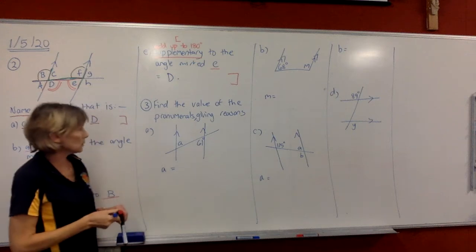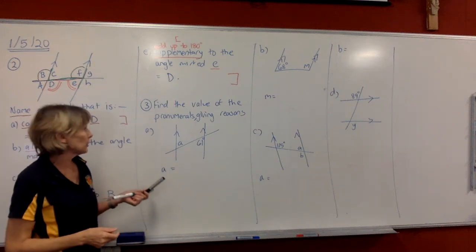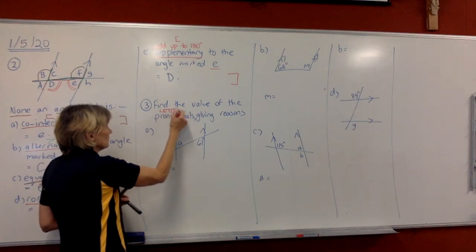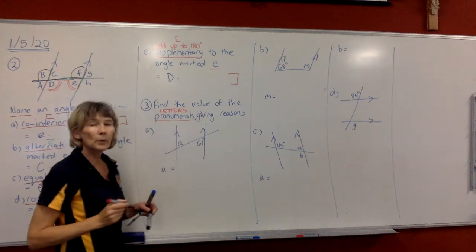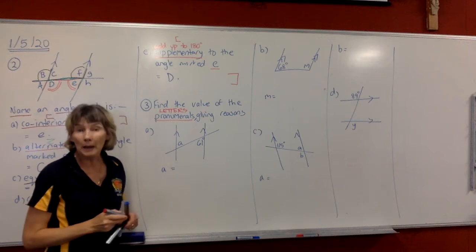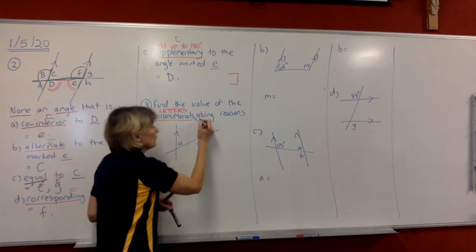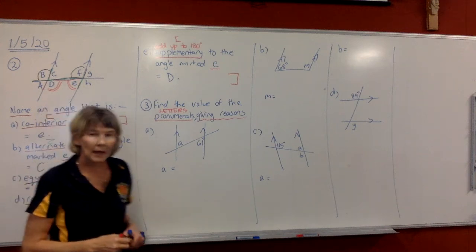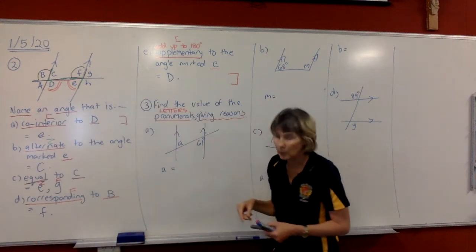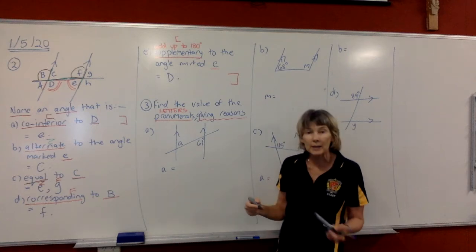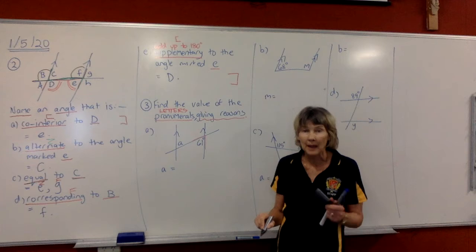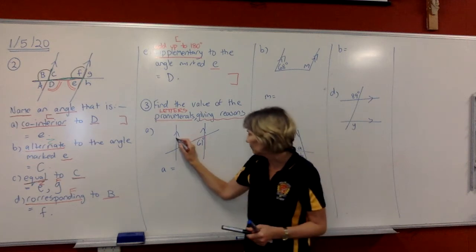All right, in this next one, we're finding the value of the pronumerals. Don't forget that pronumerals are letters. So we want to know what the value of the letter equals, how many degrees, and we do have to give reasons. Looking at the first one, again, looking at the parallel lines across the page, we need to go around the number they've given you, the 61 degrees, and around the letter we're looking for.